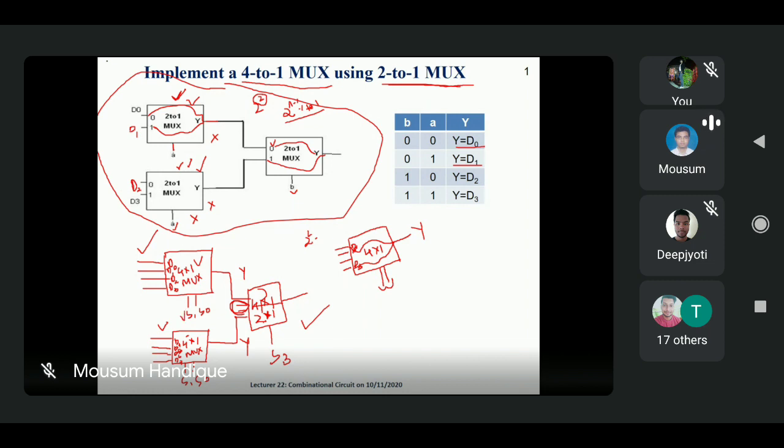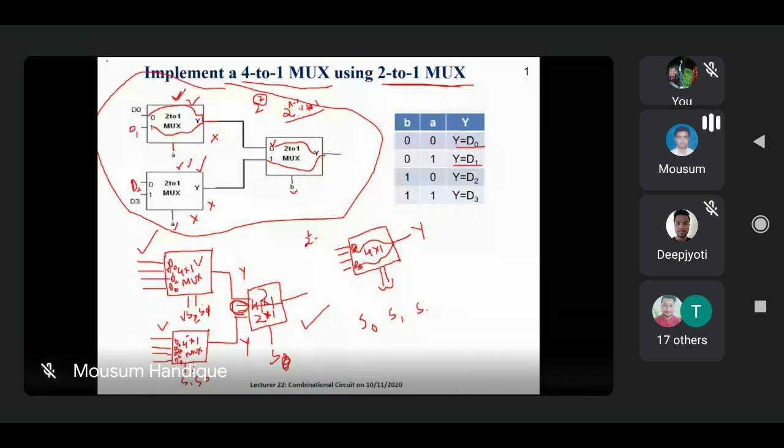One is S1, S0. So suppose here I am using S2, S1, and here we are using S0. Okay. So S0, S1, S2. Suppose here I am using S0 and S1 and S2.